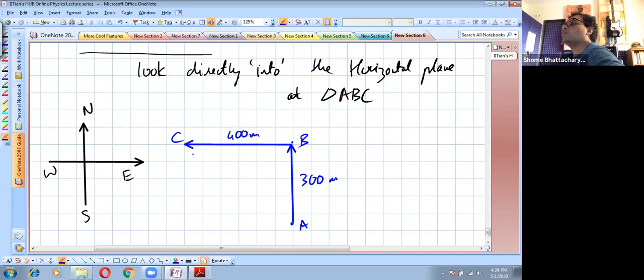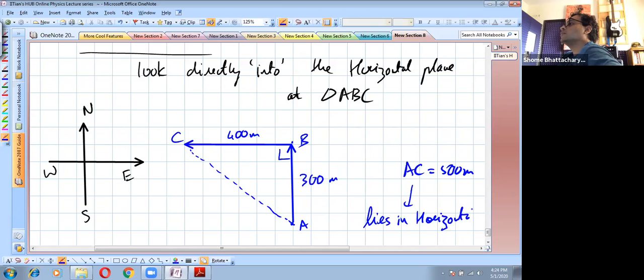So now next what I'll do is something very interesting. I'll also draw this line. So you can see that the line AC is equal to 500 meters, okay, because this is this. And more interestingly, AC lies in the horizontal plane. Understand this?